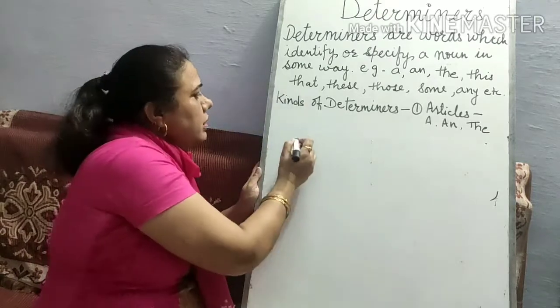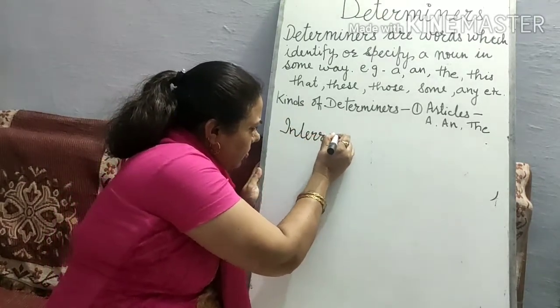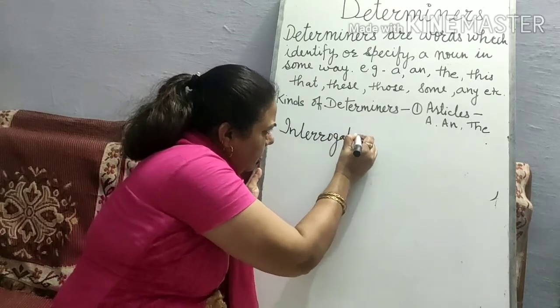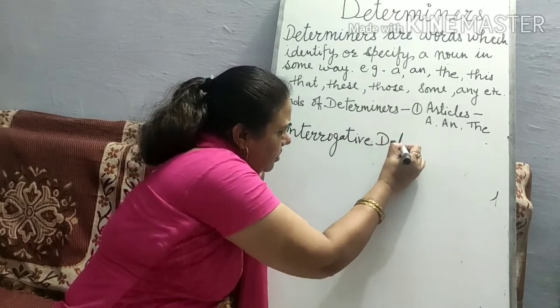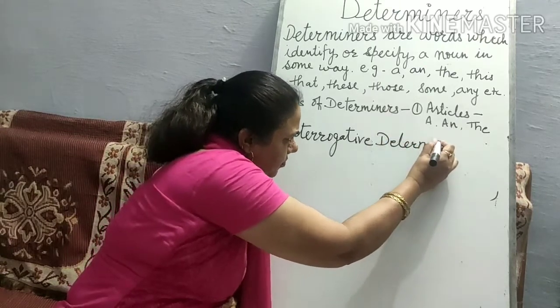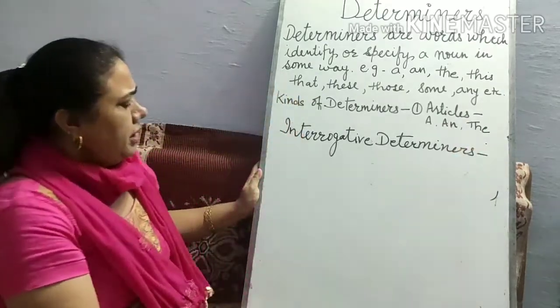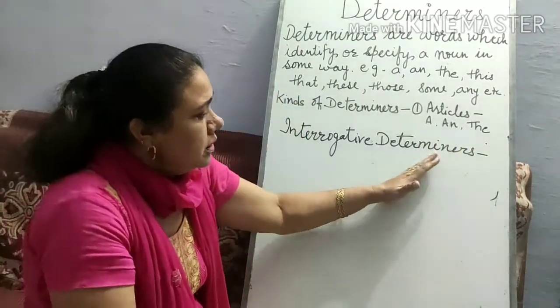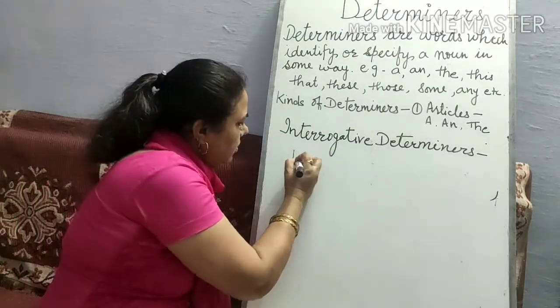Next part we take of this is interrogative determiners. In interrogative determiners, we take the words that arise the questions. What are they? What, for example.